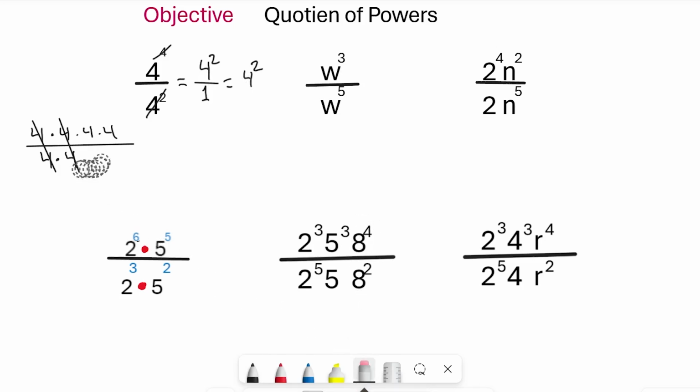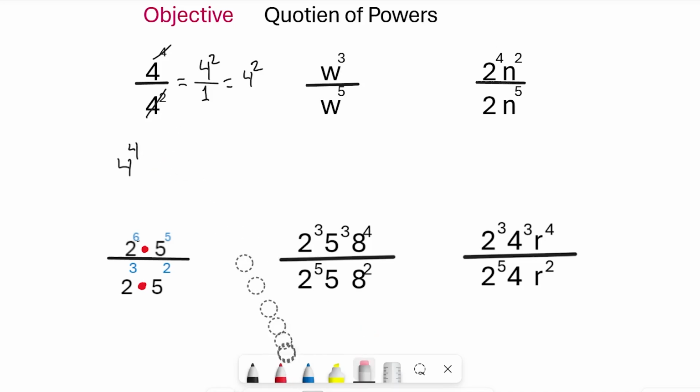The thing is, the book, they want to do it this way. Okay, so you have 4 to the 4th power, and what they want to do is they want to bring it up. Once you bring this up, 2 things will change.